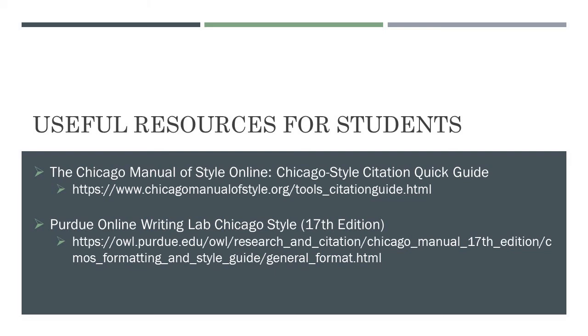First, the Chicago Manual of Style Online is an excellent resource. And then second, as always, OWL Purdue, their online writing lab, has an excellent webpage outlining a number of different source styles that may extend beyond those covered in this brief review of the Chicago style.